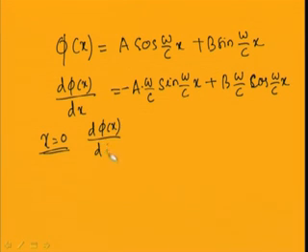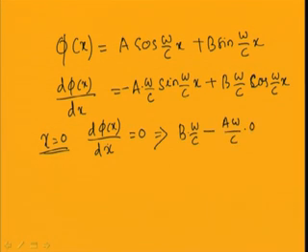This implies that the b term, b into omega by c, times cos 0, with the a term being a omega by c into sin 0 equal to 0. So this becomes equal to 0, which implies this b term equal to 0. So from these boundary conditions you have seen that b equal to 0.